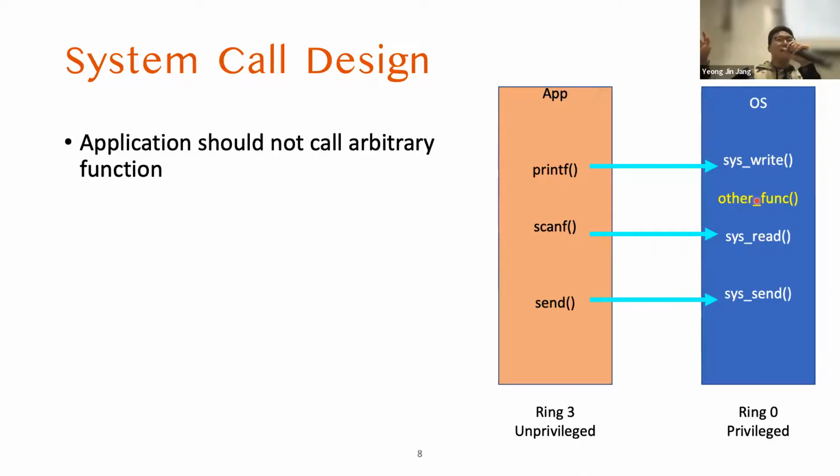So technically, if it is wide open, and some bad function implemented on the application side manages to call this kind of other function, for example pgdir walk and page insert, then the user level program can map arbitrary virtual memory to physical memory and change permissions, and that could happen.